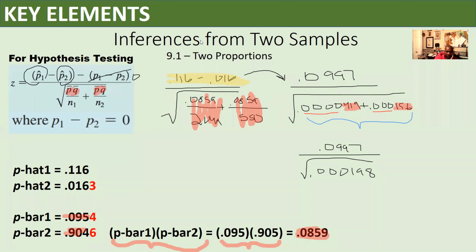Next baby step would be square root of this. 0.0997 over the square root of that is 0.0140. The last baby step is all that's left. We get a value of 7.12 equals our Z.